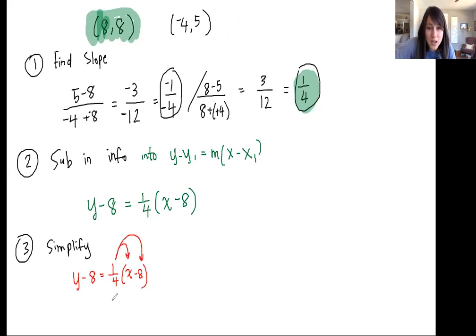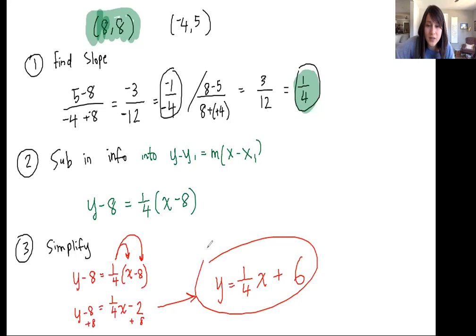So 1/4 times x is 1/4 x. 1/4 times negative 8 is negative 2. And then I have y minus 8, so I'm going to add 8 on both sides. And I'm running out of room again. So this becomes y equals 1/4 x plus 6, because negative 2 plus 8 is 6. This is my equation, and I'm done. Yay! So my equation is y equals 1/4 x plus 6.